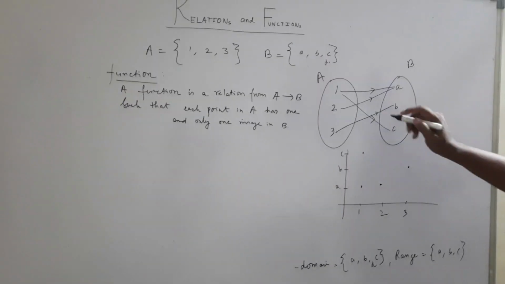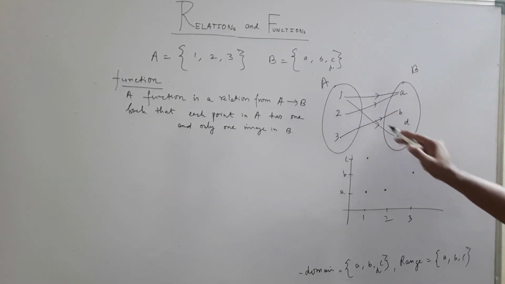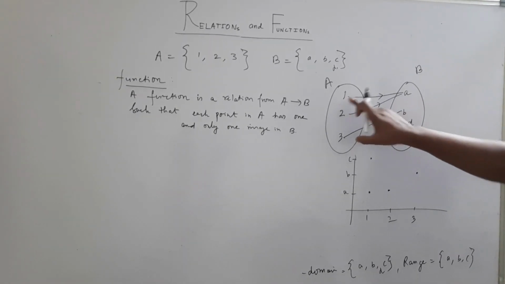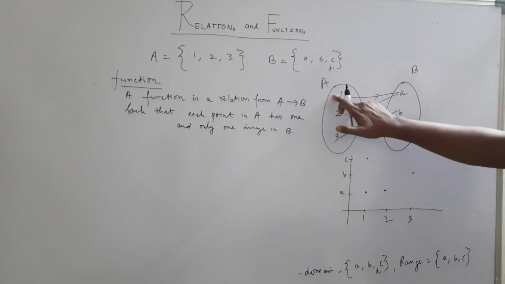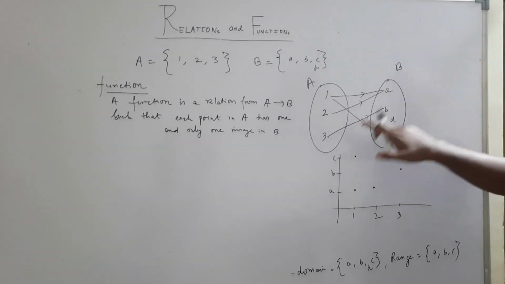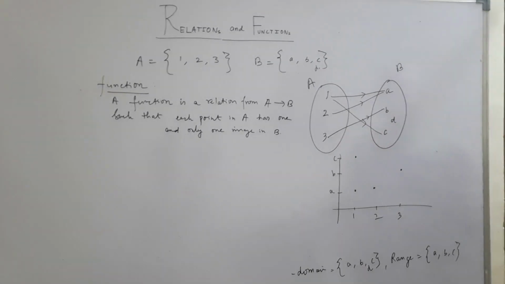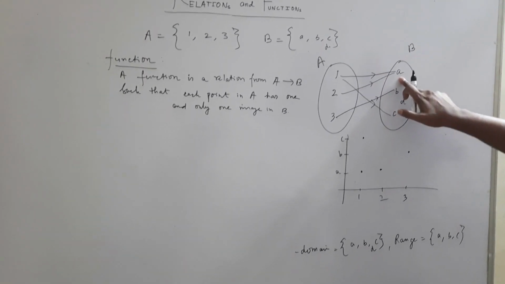But what do you see? Now see, 1 is related to A and 1 is related to C. It means 1 has two images, A and C. Just try to understand the terminologies.